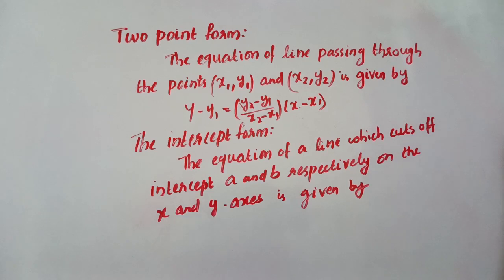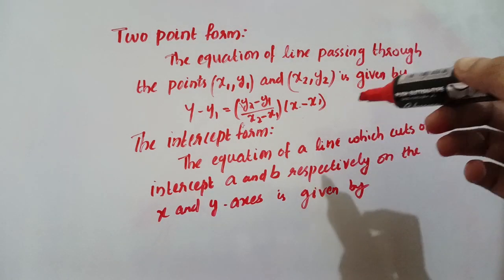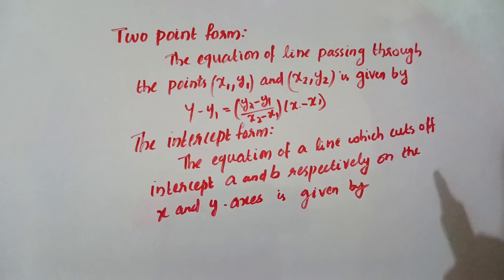This is the two-point form: y minus y1 is equal to y2 minus y1 by x2 minus x1 into x minus x1.